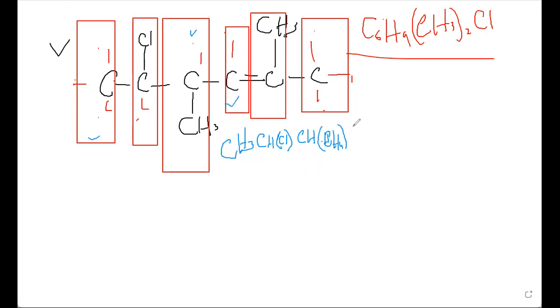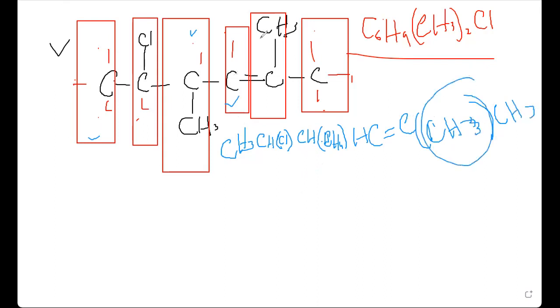There is only CH, but you have to write HC so that you could show the double bond like this, then CH3 inside the bracket, and then there is CH3 outside the bracket. This CH3 inside the bracket is showing that this is a functional group. So this is the structural formula of the compound. Any confusion? Yes, Anna? No.